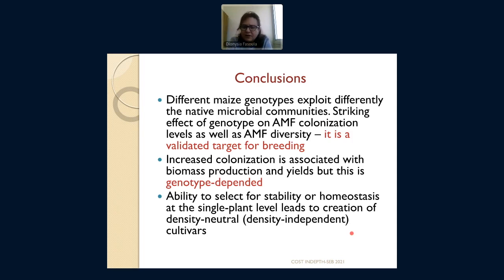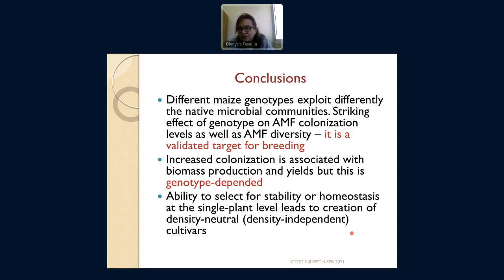And more specifically, different maize genotypes exploit differently the native microbial communities. Striking effect of genotype on AMF colonization and AMF diversity shows that it is a validated target for breeding purposes. The increased colonization is associated with biomass production and yields, but this is genotype dependent.